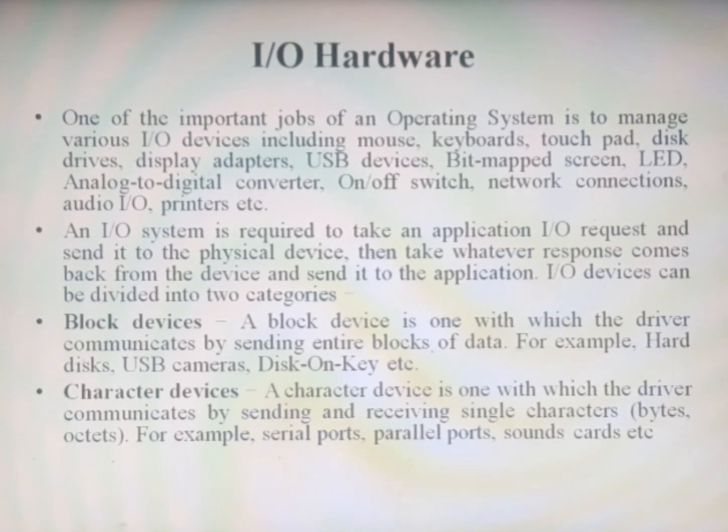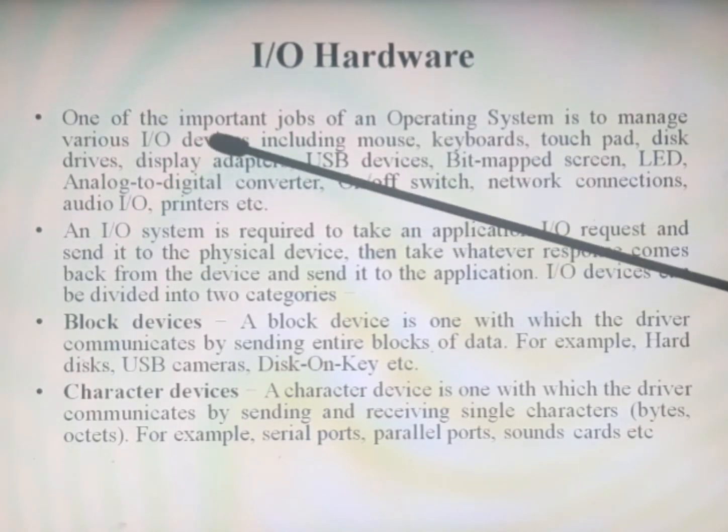So when you want to give any input, we take the help of these IO devices. The mouse, keyboard, touchpad are all called IO devices. With the help of these devices only we give input and communicate with the operating system present in the computer.